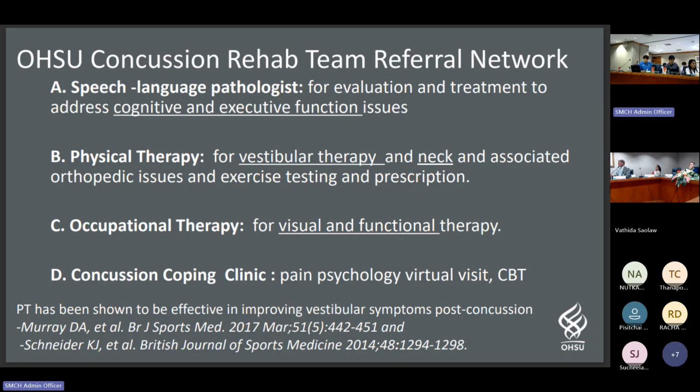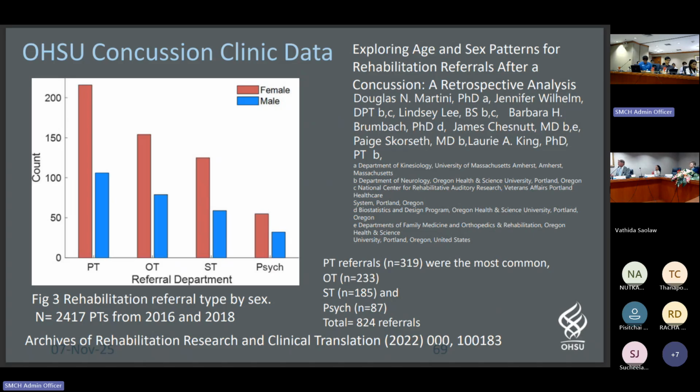Physical therapy works on balance, vestibular issues, and neck issues, but they also do the Buffalo treadmill test and work on exercise prescription. Occupational therapists tend to work on visual symptoms and functional therapy. And then the concussion coping clinic are the pain psychologists, and they help people through even the PTSD aspects of getting in a car accident, post-traumatic stress disorder.